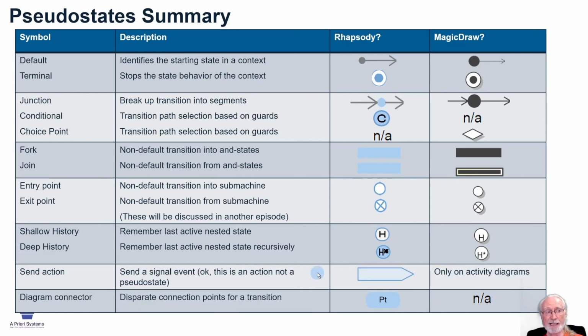We talked about send actions, how, even though this is an action on a pseudostate, you can do it directly on a state machine in Rhapsody. In Cameo, you have to build another behavior, typically an activity, to send the action. So you require at least another diagram to do so.